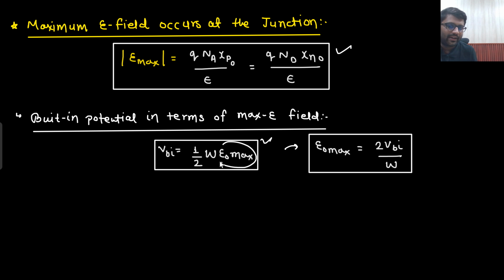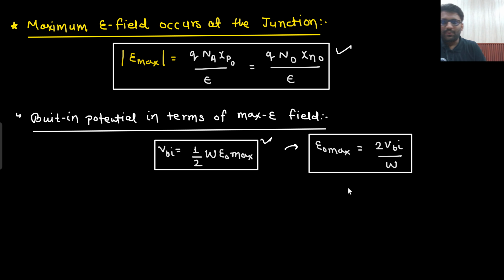So what I need to eradicate is this E naught max. This VBI is my built-in potential. So I will write down the expression and I will get the formula. This is completely mathematics. Let me take a break, drink some water. You also drink some water, and then we will come back and derive this particular expression. Very simple mathematics it would be.